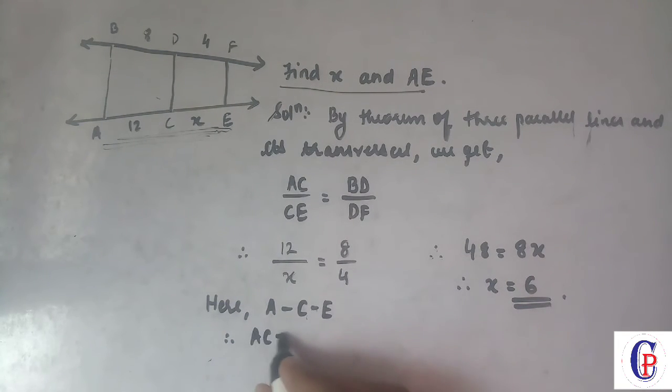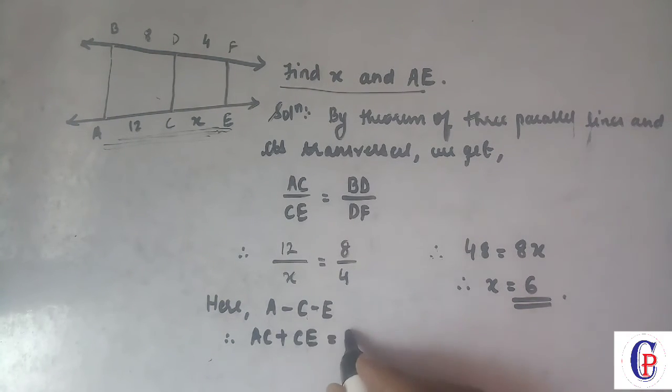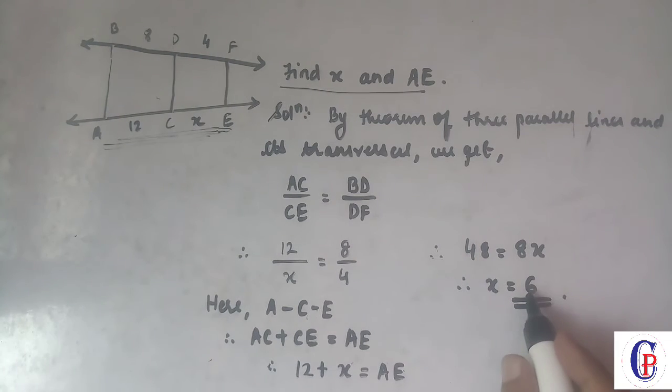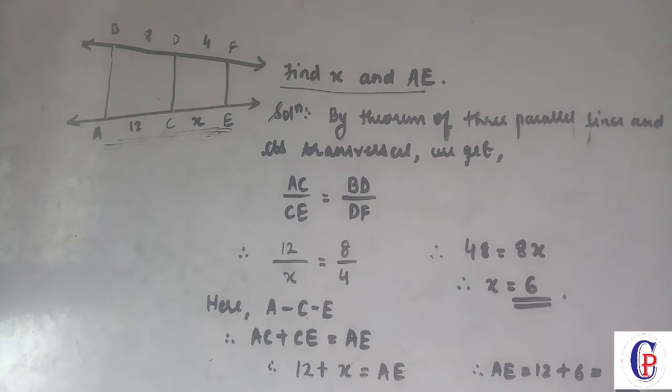So therefore AC plus CE is equal to AE, and AC is 12, CE is x, and we already have the value of x which is 6. So we get AE is equal to 12 plus 6 which is 18. So we get the value of AE as 18 and the value of x is 6.